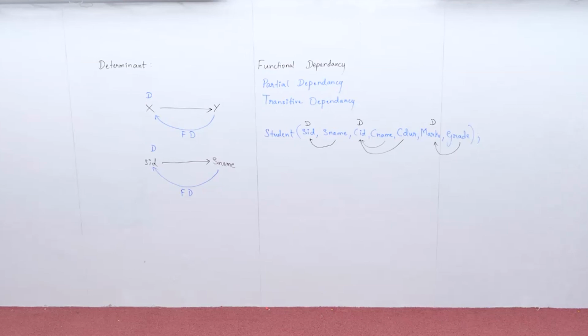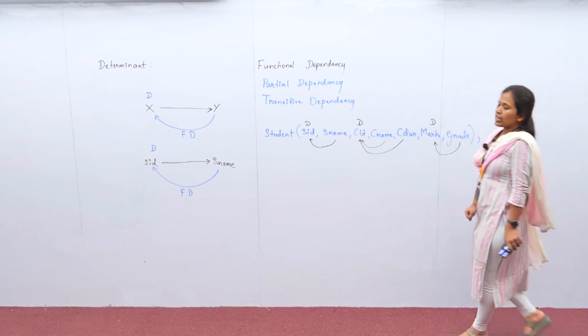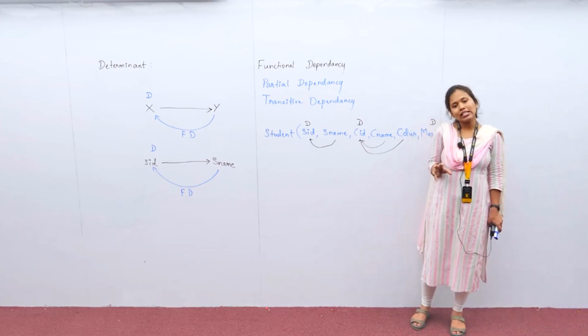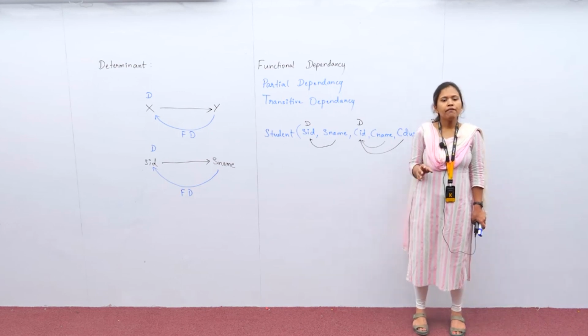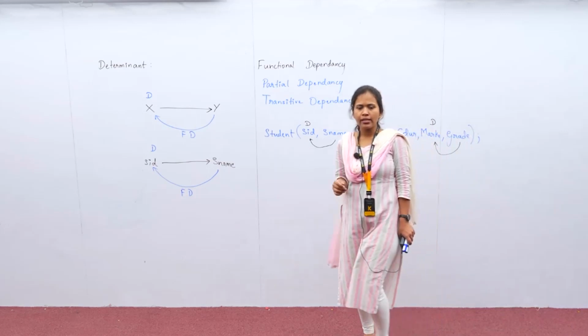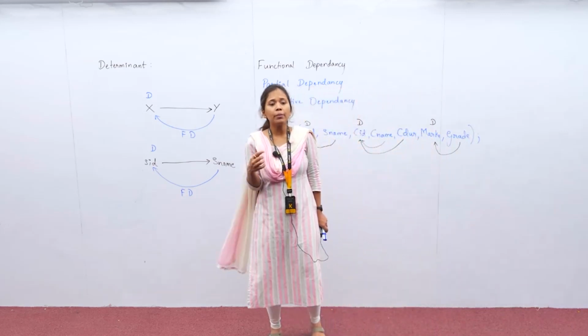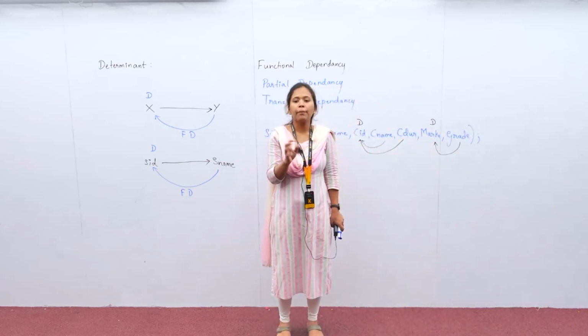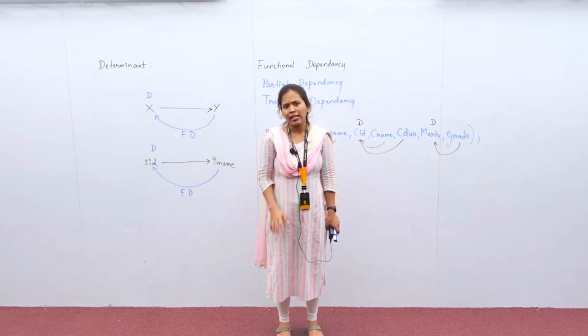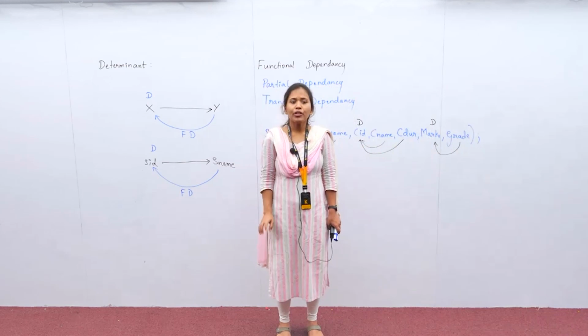Yes. Great. Next, let me tell you about transitive dependency now. So what is transitive dependency, ma'am? Very simple, dear students. Transitive dependency is such a dependency where we will be having a chain of dependencies. Ma'am, how do you tell that? How do I tell that?